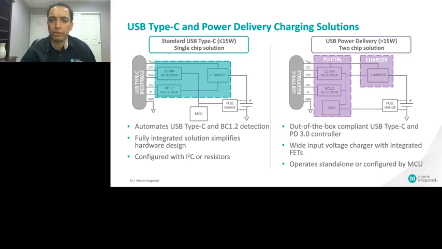For the charger, you need to have a wide input voltage range so it can operate from 5 volts up to 20 volts. And of course, because of the high power, you do need to have high efficiency to minimize the solution size and heat dissipation. Now, in this case, the solutions that are available can be controlled with an MCU, or they can be standalone from the PD controller by itself.